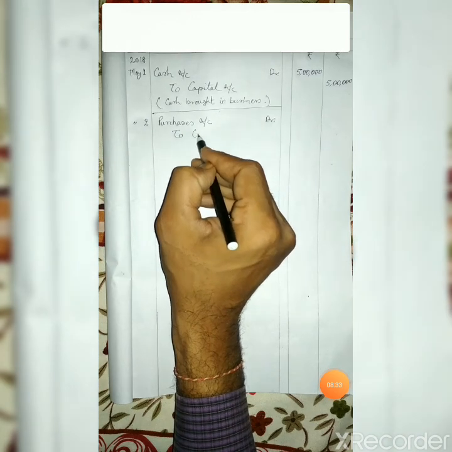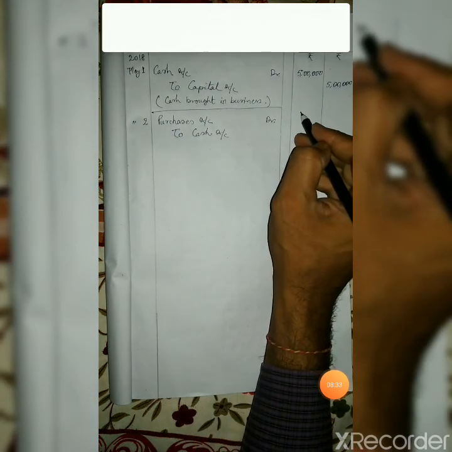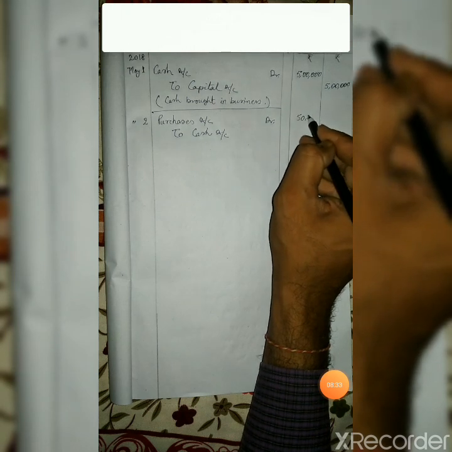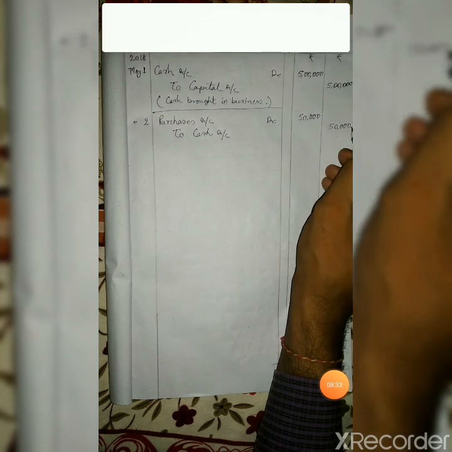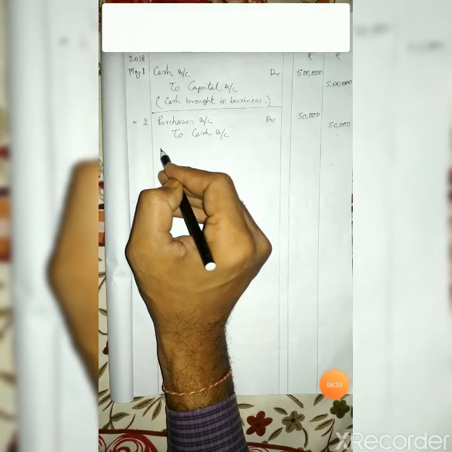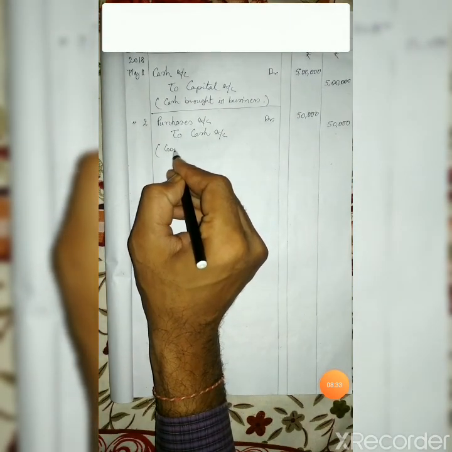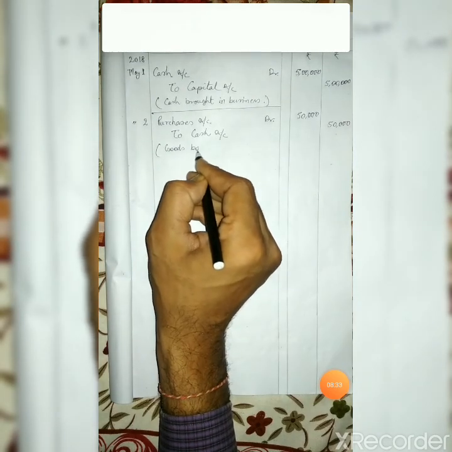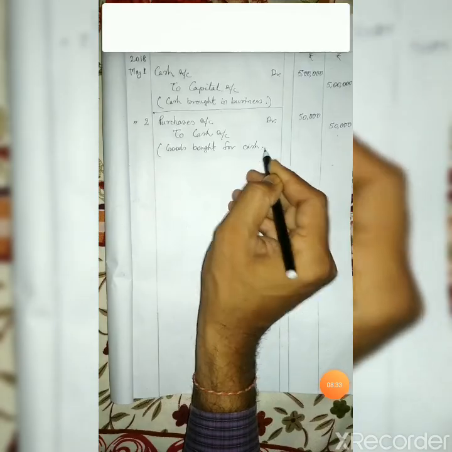In these 5 accounts goods are recorded, and in this case when goods are being bought, then purchase account is used instead of goods account, and purchase account is an expense. Debit all the expenses, so purchase account will be debited, and cash as a real account is going out, so cash will be credited. So here the narration will be goods bought for cash.